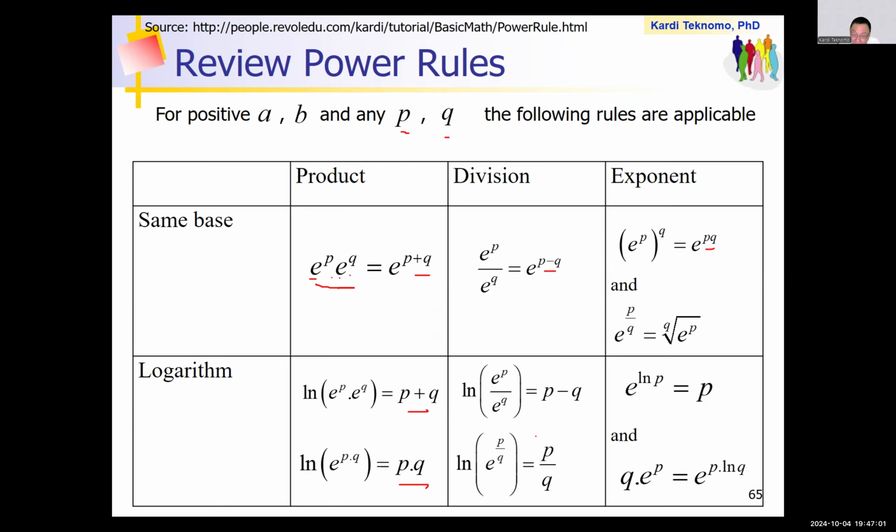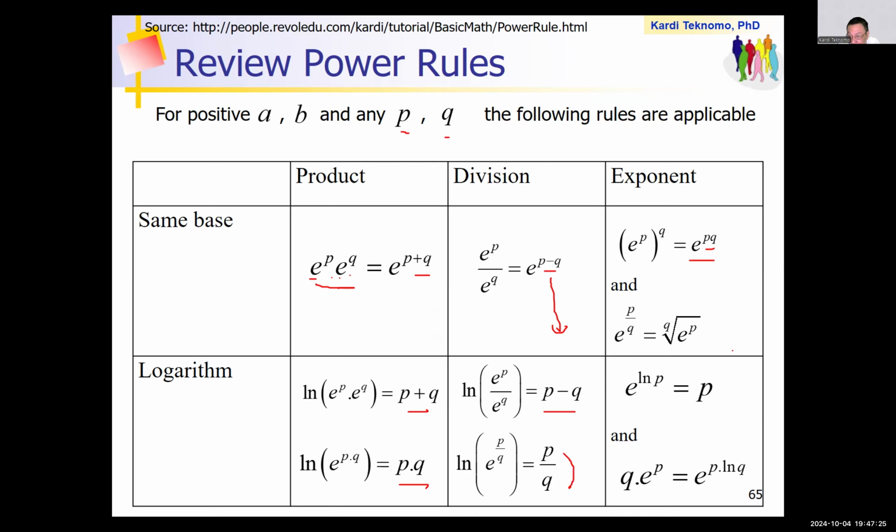Now if you have e exponent p divided by e exponent q, then you can take the exponents out, because ln of e is 1, and you have a direct subtraction.